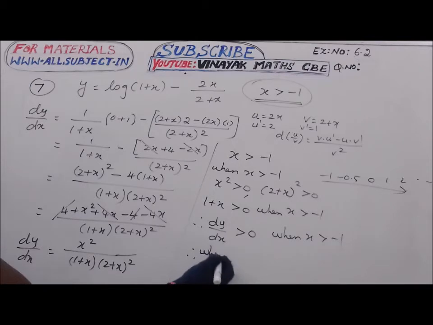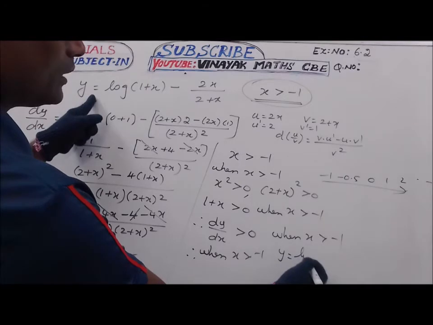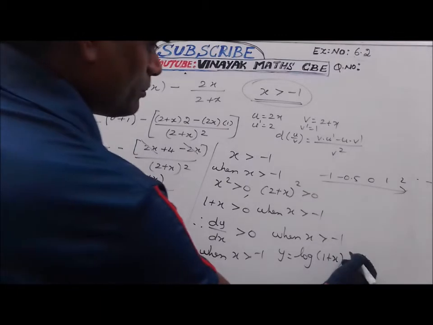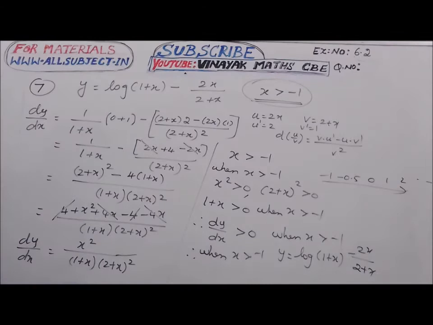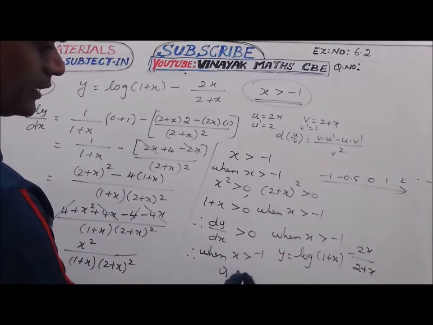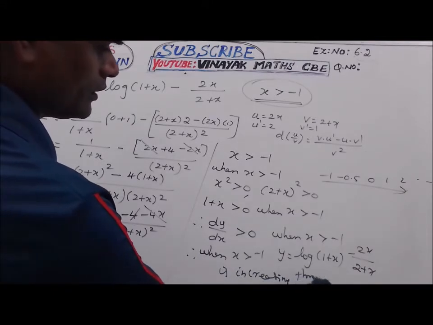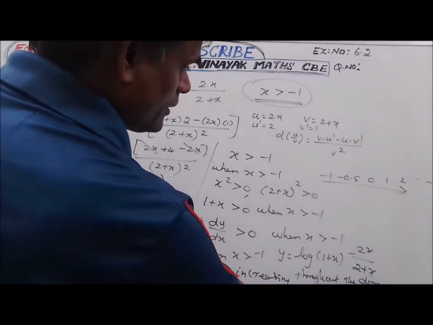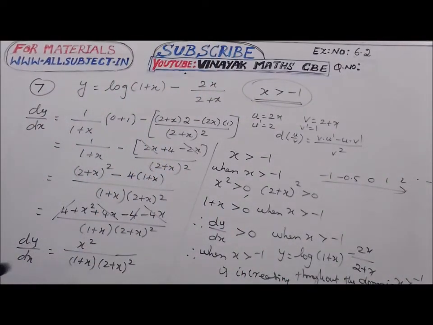Therefore, when x is greater than minus 1, the given function y equal to log of 1 plus x minus 2x by 2 plus x is increasing throughout the domain x greater than minus 1, because all the terms are positive.